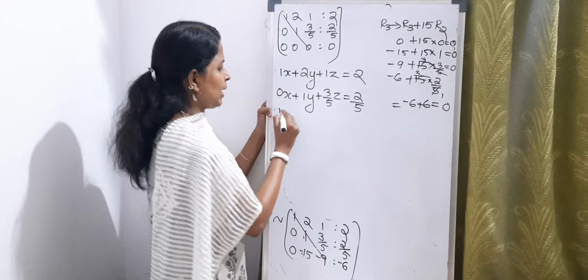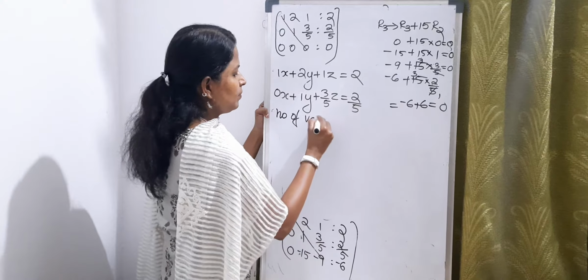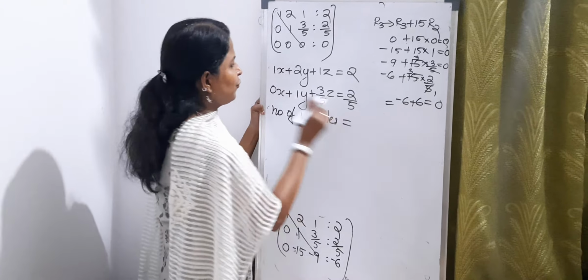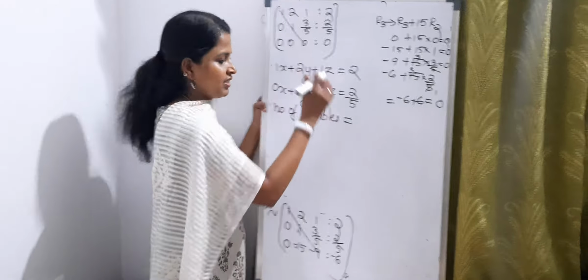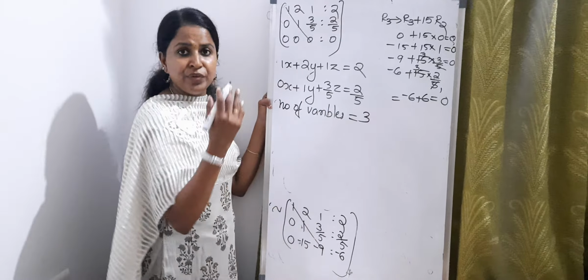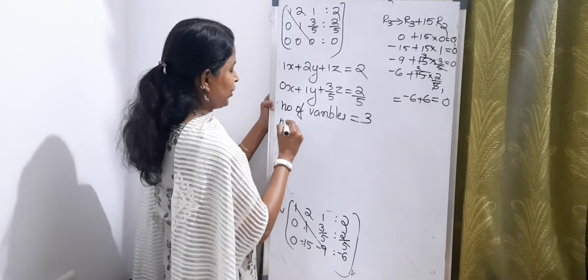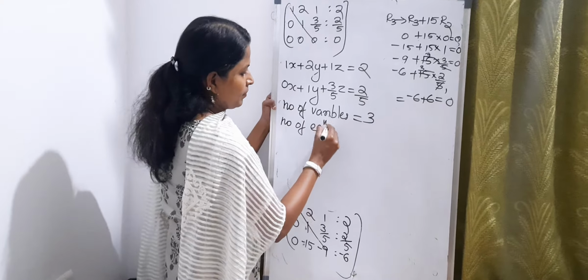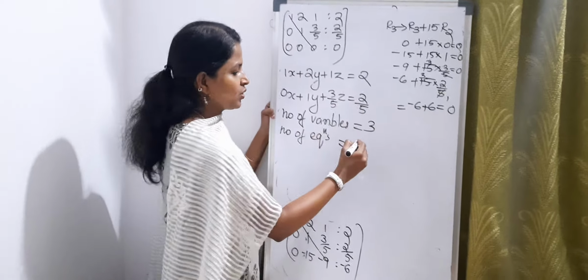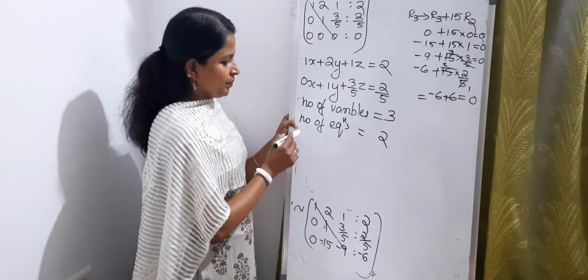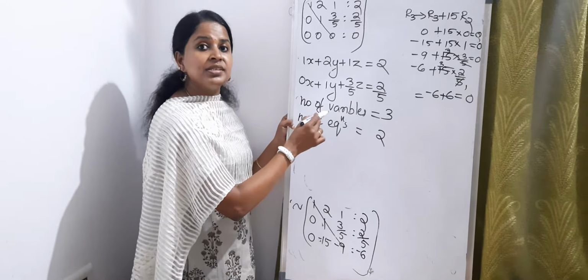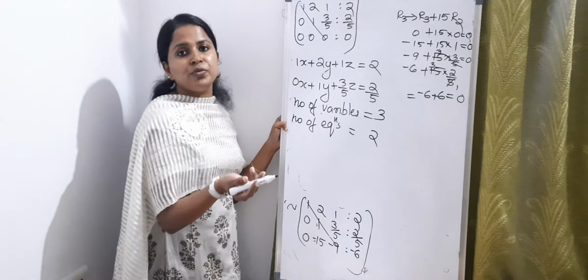Here, the number of variables, listen. The number of variables is x, y and z: three variables. Number of equations, here two equations only. That is, the number of variables is greater than the number of equations.